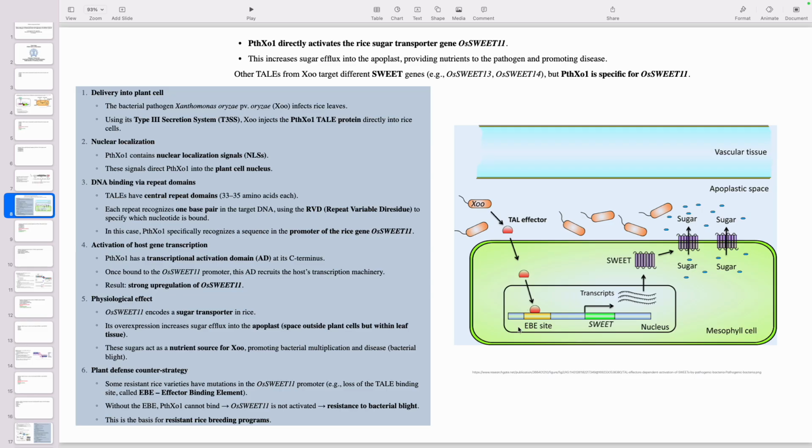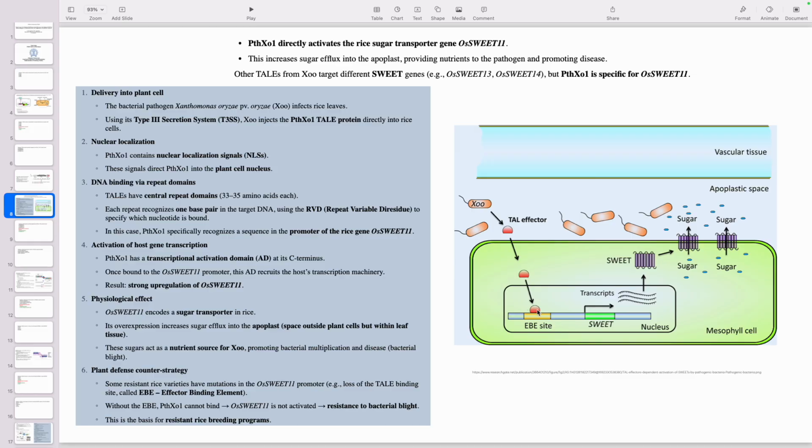Then it has this DNA binding domain, or TAL central repeat domain, where each repeat consists of 33 to 35 amino acid residues. Each repeat recognizes one base pair in the target DNA using the RVD, repeat variable diresidue, to specify which nucleotide is bound.